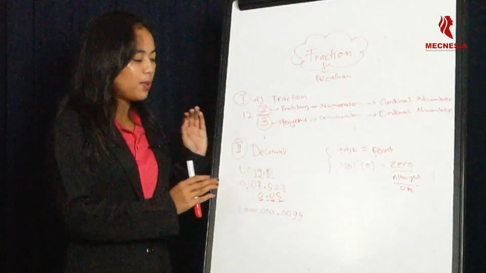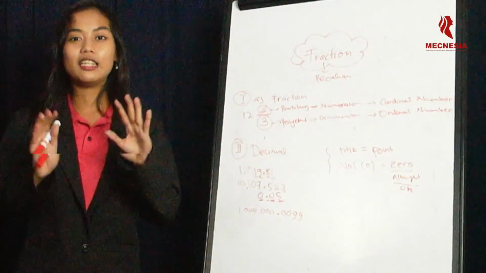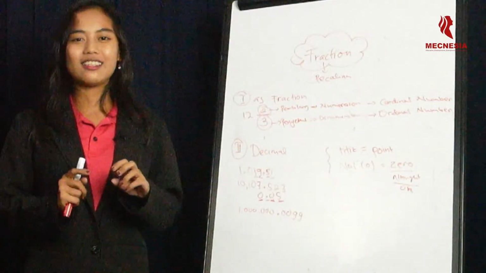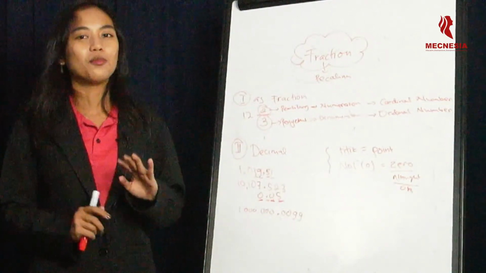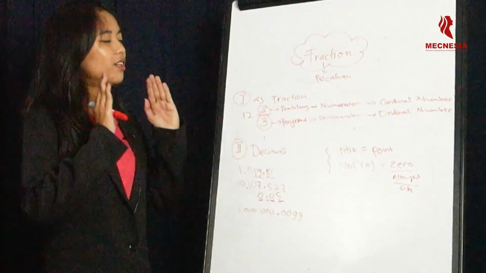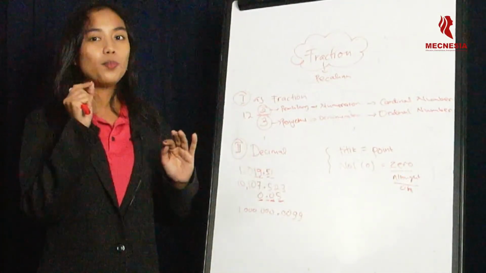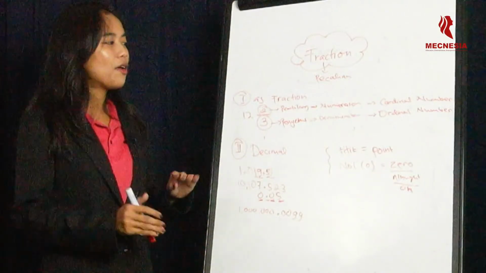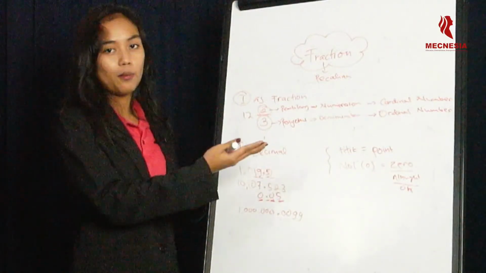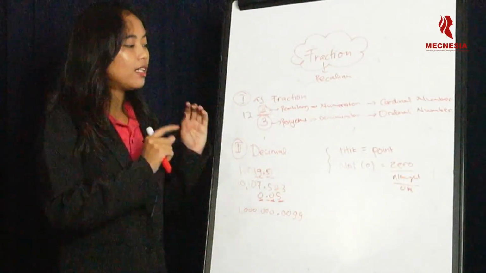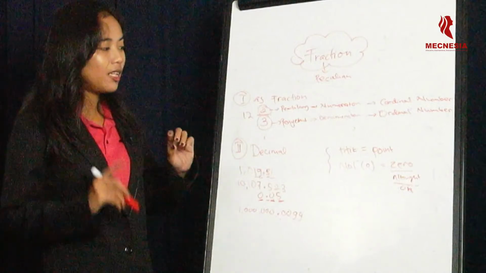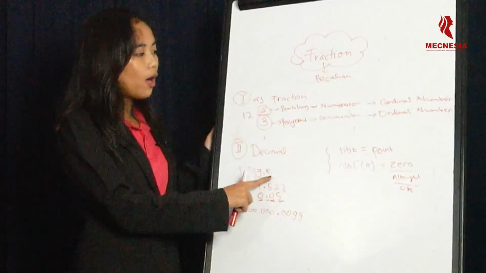Next, as decimal. Oke, decimal berarti dia ada komanya. But in English we don't use comma, we use point atau titik. Tapi di bahasa Inggris kita pakainya titik, bukan koma. Oke, for the number before the point, we read it as cardinal number. But for the number after the point, we read it one by one.